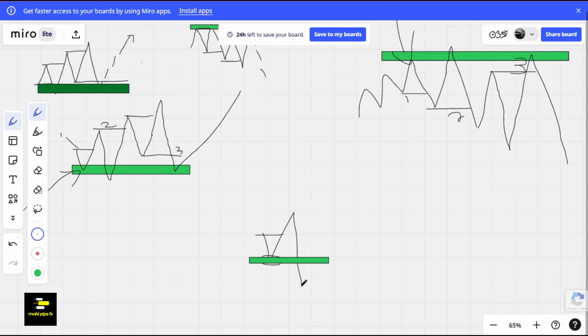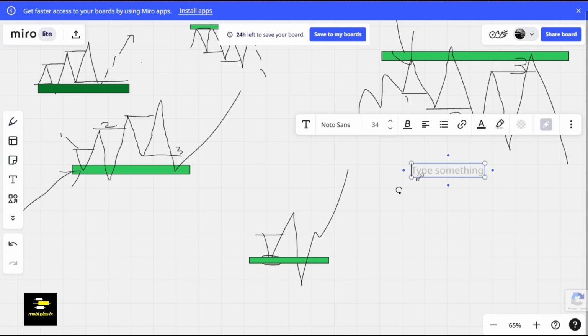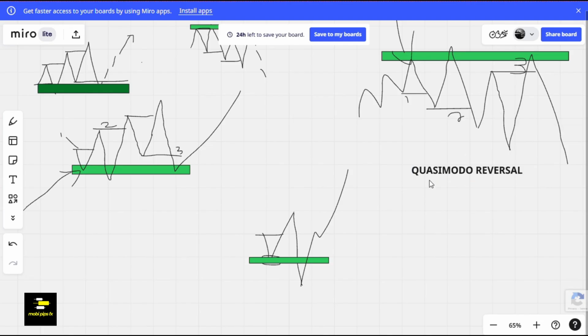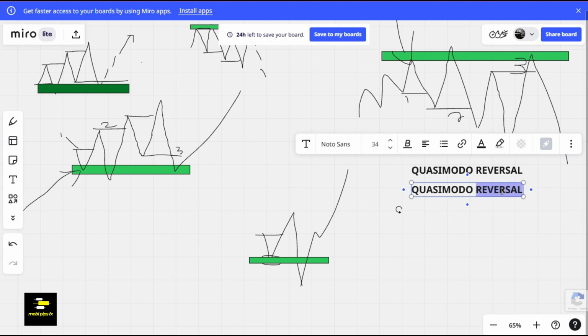that becomes our POI, and when it happens like that, it is known as our QMR. Oh, note this down. That's our QMR, the Quasimodo reversal. We also have the Quasimodo continuation.